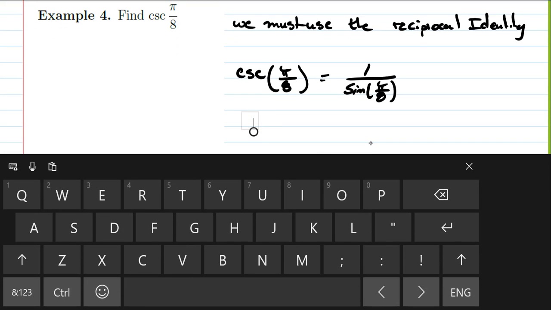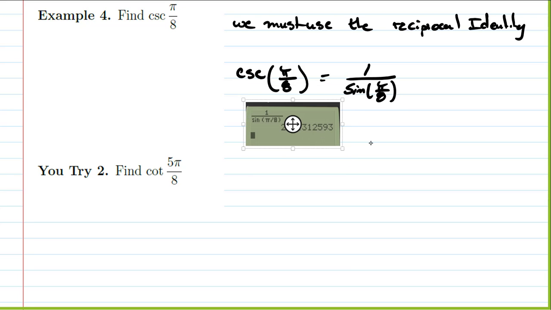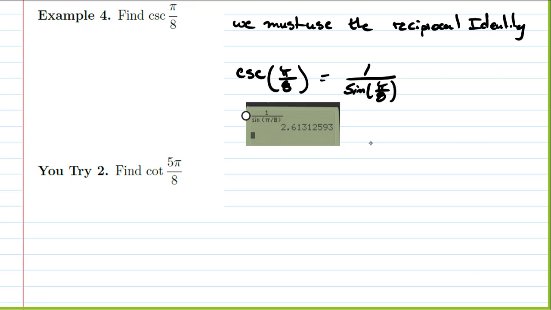If you got something else, it's most likely your calculator is in the wrong mode. So the reciprocal identity for cosecant is 1 over sine, and our calculator does have a sine button. So to calculate the cosecant of pi over 8, we would calculate 1 divided by the sine of pi over 8.